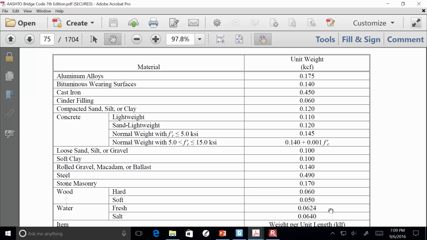When we deal with reinforced concrete, we tend to take this number and bump it up a little bit, to 150 or 0.15, and that accounts for the fact that we've got concrete and rebar inside it. So we bump the loads up a little bit because there's rebar inside it. But if there's anything else that you're not sure of, just look it up here. All right. So far, so good.